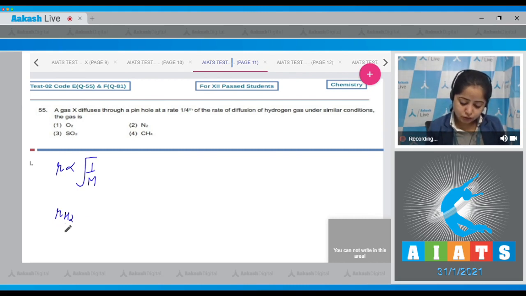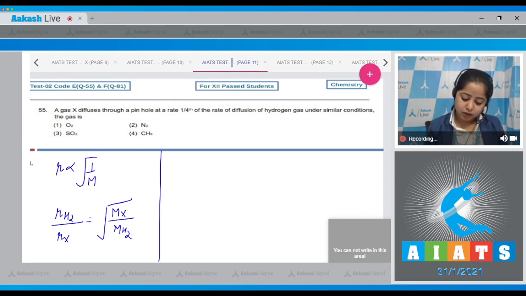So rate of H2 upon rate of X is equal to under root of molar mass of X upon molar mass of H2. Here we have to calculate the molar mass of X. So before that, let's put the values. Here we are given that the rate of diffusion of X is 1/4 of that of hydrogen.